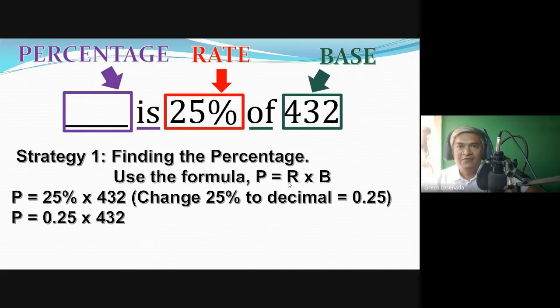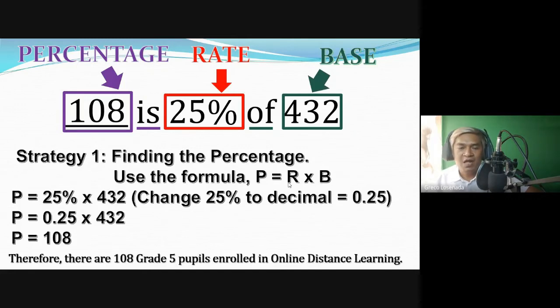So 25% converted to 0.25 multiplied by 432. If you multiply 432 by 0.25, we are going to arrive at the answer of 108. So the percentage is 108. Therefore, there are 108 grade 5 pupils enrolled in online distance learning modality.